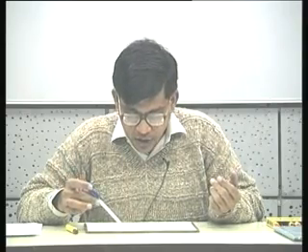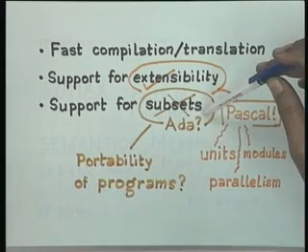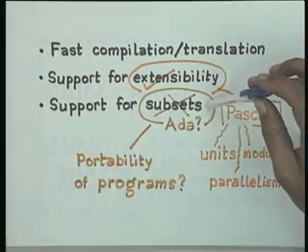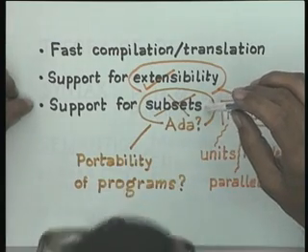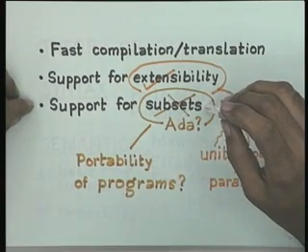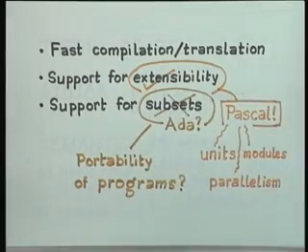There is one controversial feature, that is support for subsets. This used to be something that most programming languages books used to specify, that every language should support subsets of the language, in the sense that it should be necessary for me to use only a smaller set of operations or features of the language than is actually available.